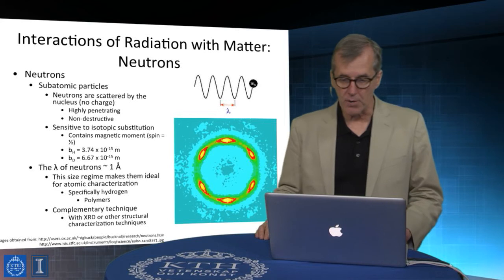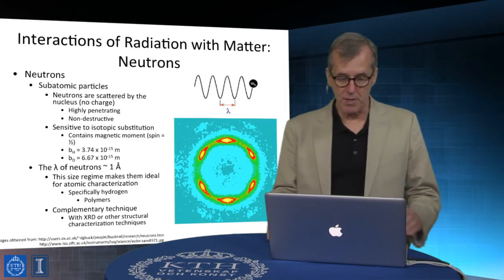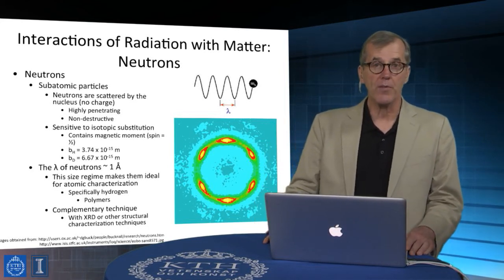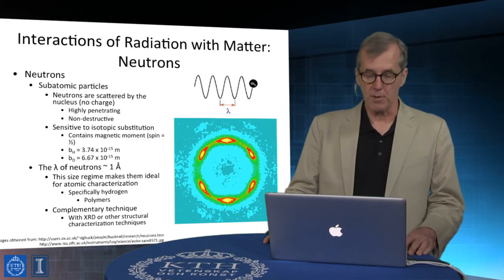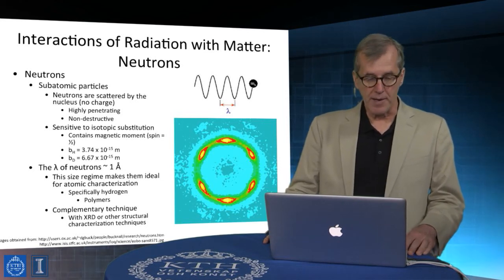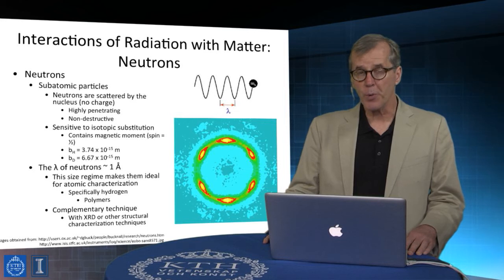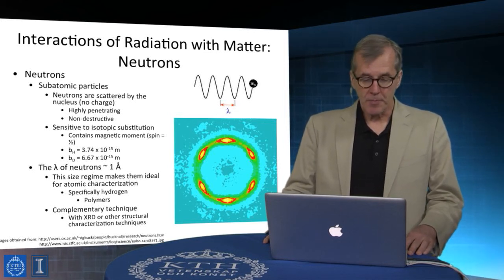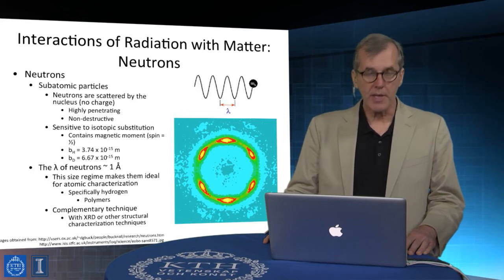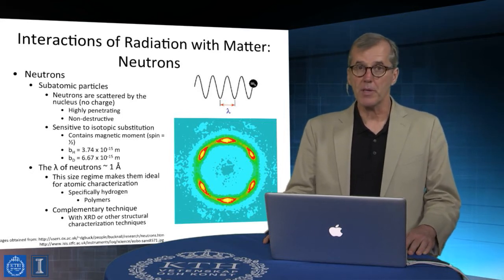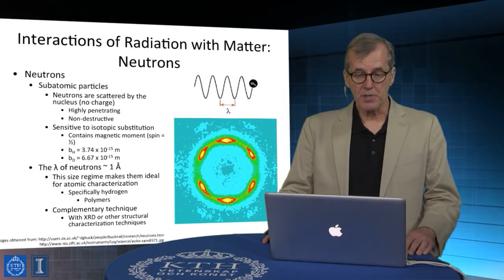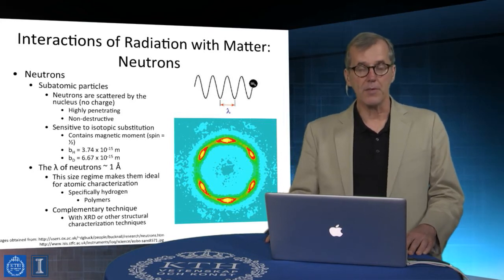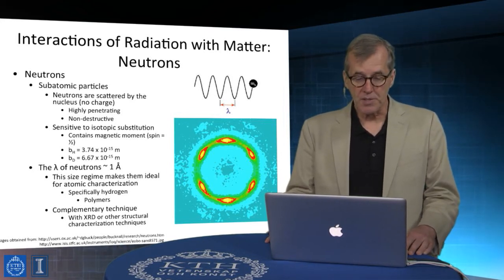Wavelengths that would be characterized by the energy of the neutron that's being used. And typically, these wavelengths would be of the order of an angstrom or thereabouts, again, making them appropriate for the characterization of interatomic bonding.